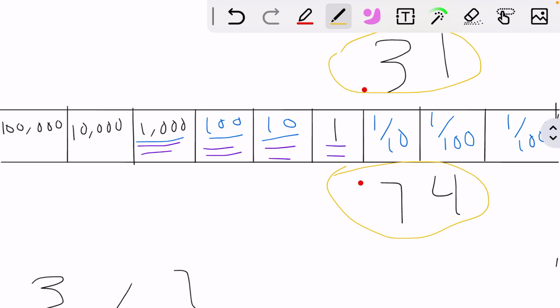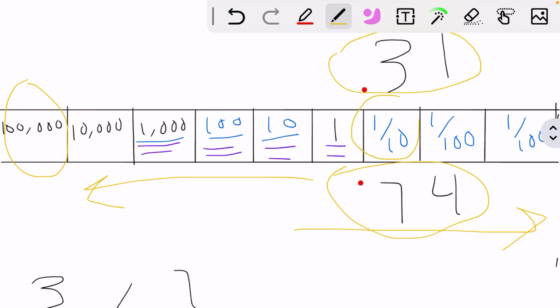When comparing decimals, unlike the other side of the value grid where the largest value is over here, for example we stopped at 100,000, going this way on the value grid 1/10 is the largest. As we go to 1 over 100, 1 over 1,000, these are smaller.